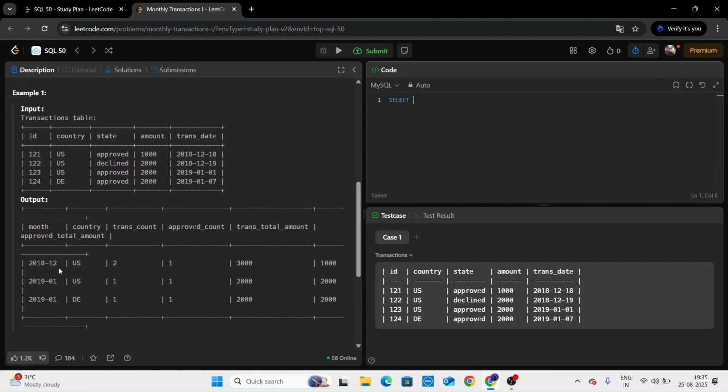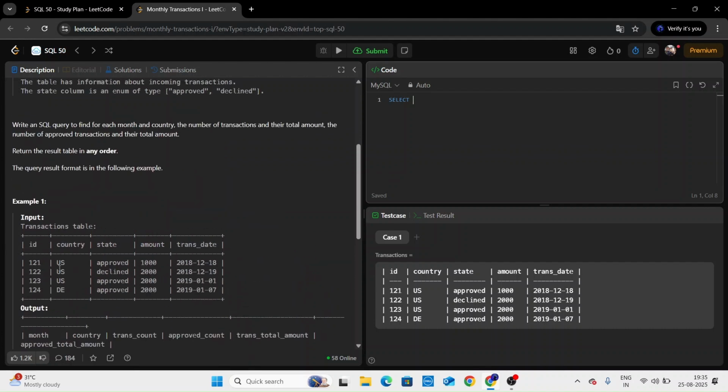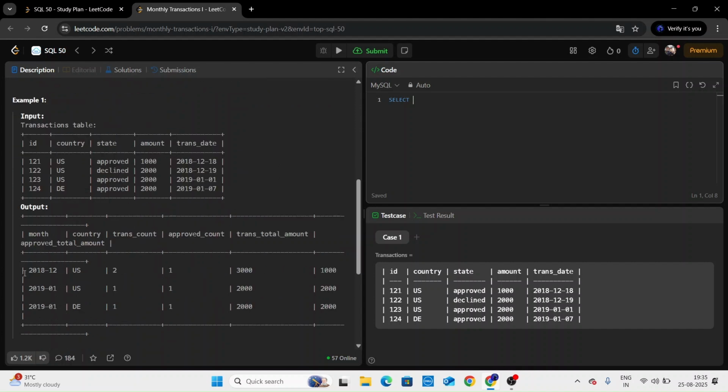I don't have any clue as to how to approach this problem. Maybe we need to use the LIKE command, but still, how to get only the starting portion of the transaction date?